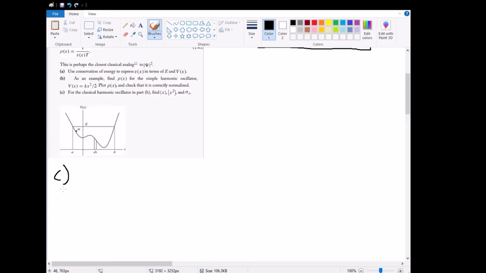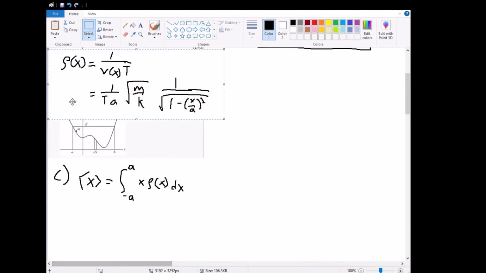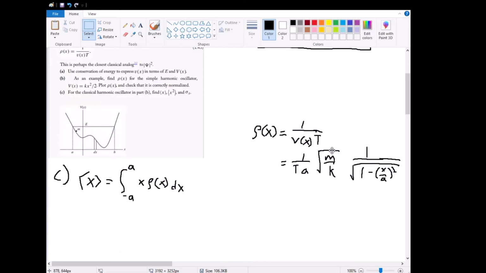We have done this many times before, and we know that the formula for expectation value of anything is just equal to the integral from negative a to a of x multiplied by rho of x. And we already have rho of x all the way over here, so we're going to put that right here.